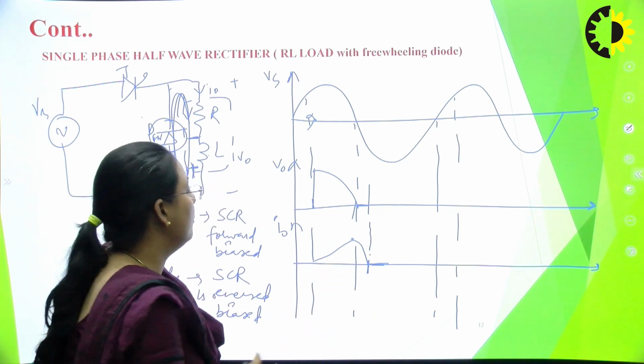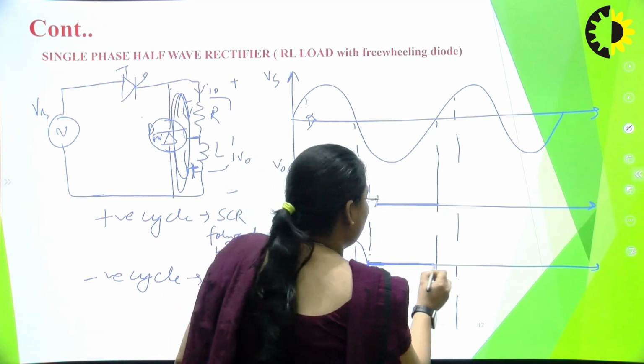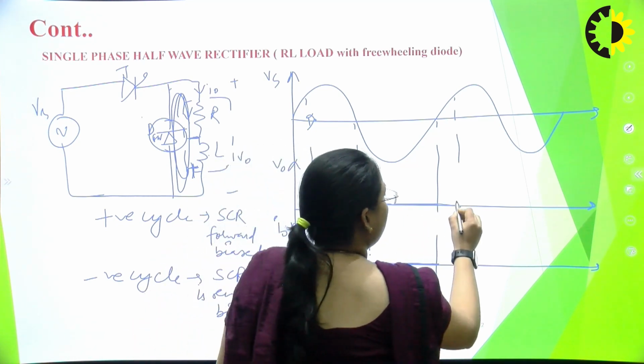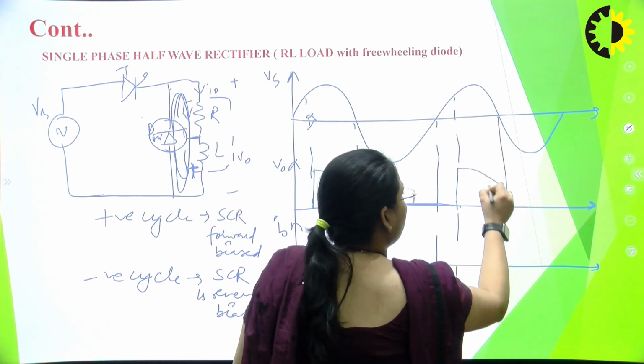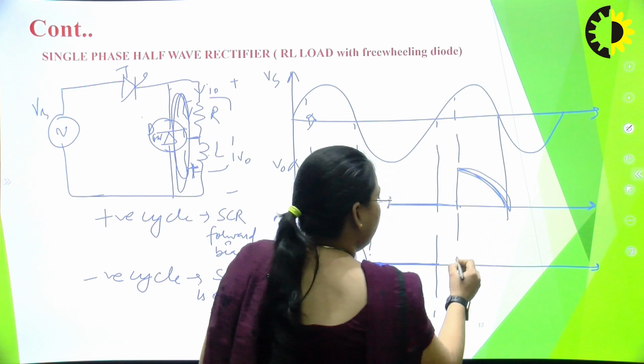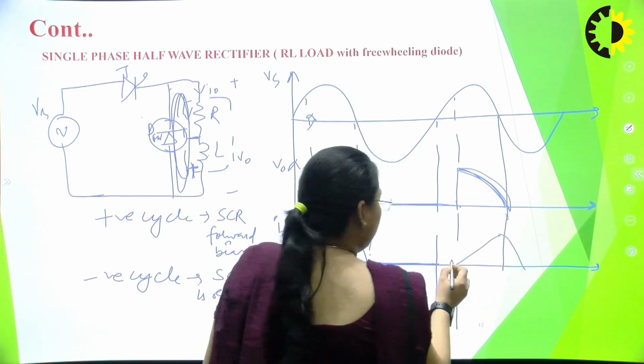Now the output voltage as well as the output current will be 0, and again at 2 pi plus alpha the thyristor starts conducting till 3 pi, okay, and the current again continues to rise here till pi and decays.